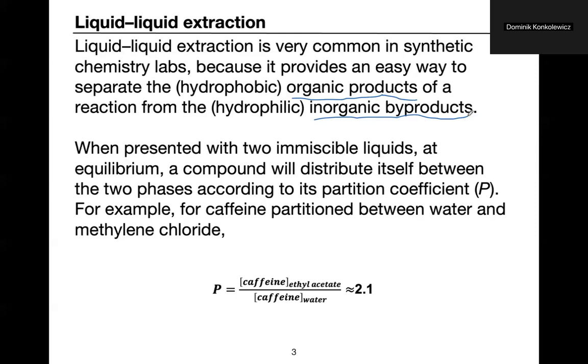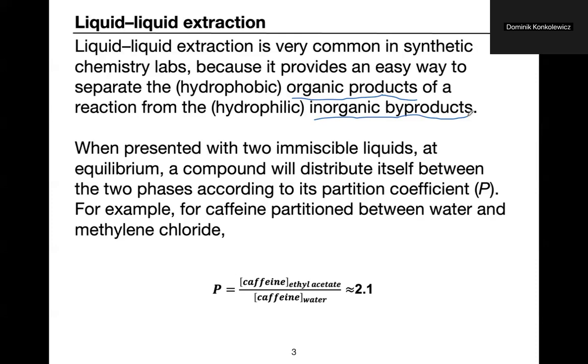And so we can define this as essentially being a partition coefficient, or it's effectively an equilibrium constant. It's the concentration of caffeine in the organic layer divided by the concentration of caffeine in the aqueous layer at equilibrium. And in the case of ethyl acetate water for caffeine, it's about 2, which means caffeine prefers to be in the organic layer by about a factor of 2.